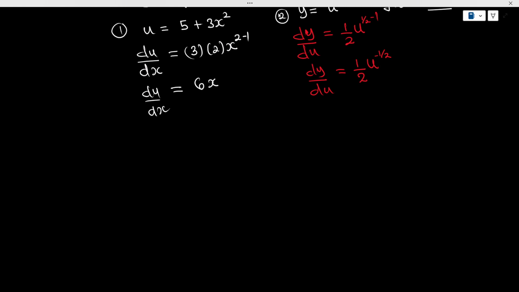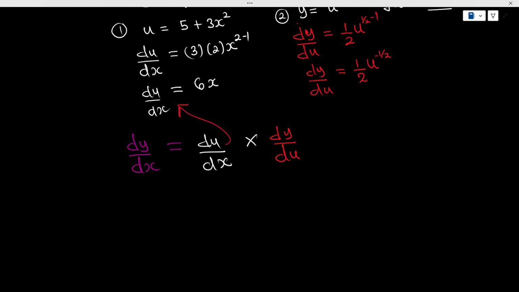Now we're going to apply the chain rule. By the chain rule, dy over dx equals du over dx times dy over du.